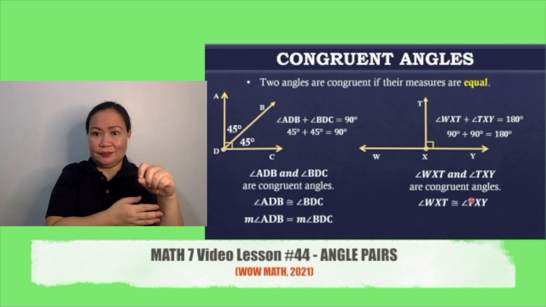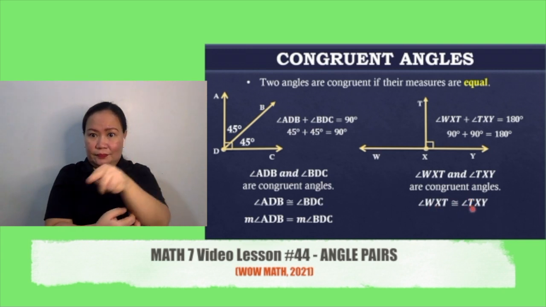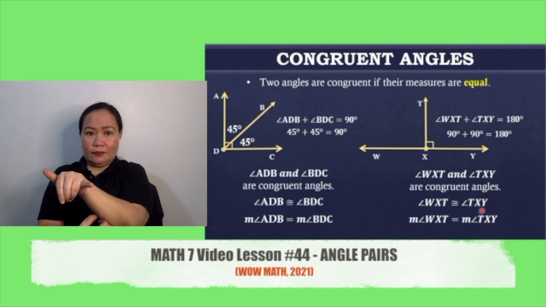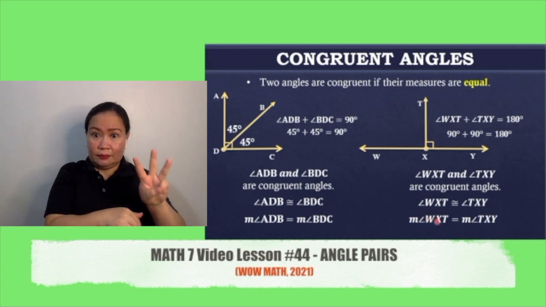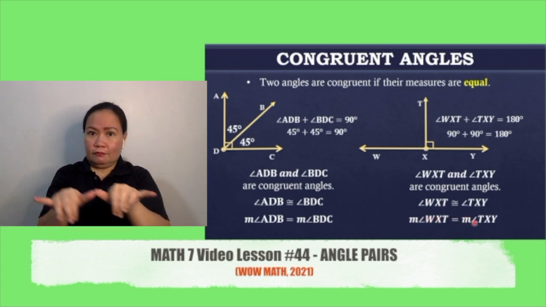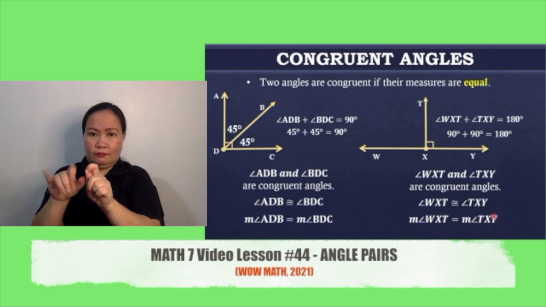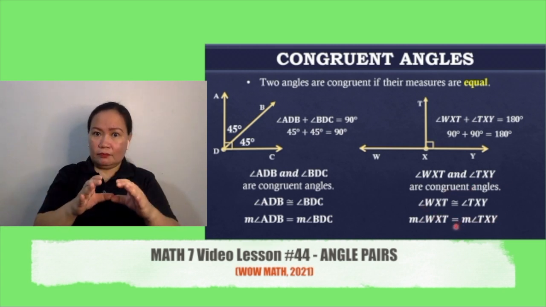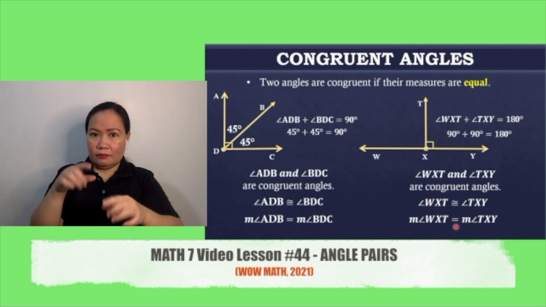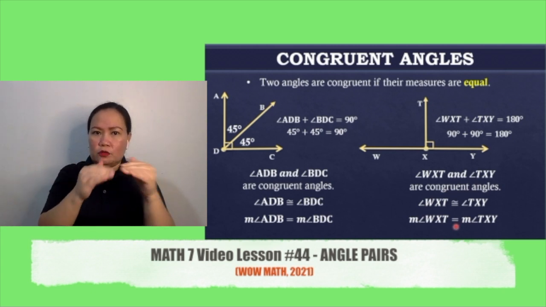Or we can also say that angle WXT is congruent to angle TXY. Why? Because the measure of angle WXT is equal to the measure of angle TXY. So again, we cannot say that they are congruent if they are not equal. So this is the concept of congruent angles.